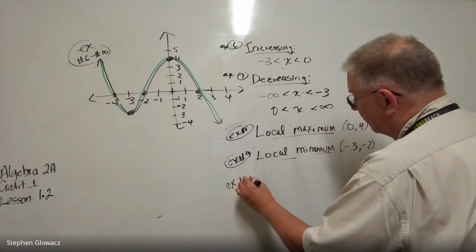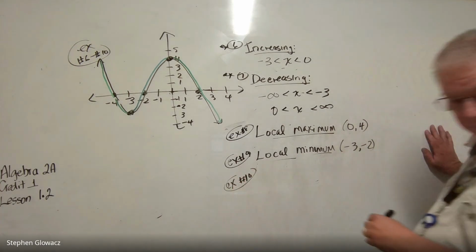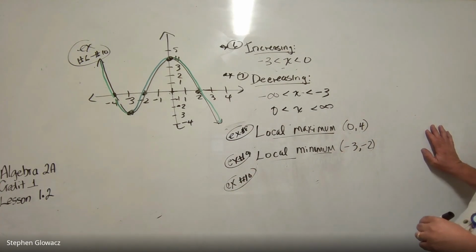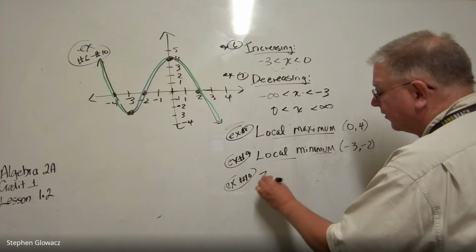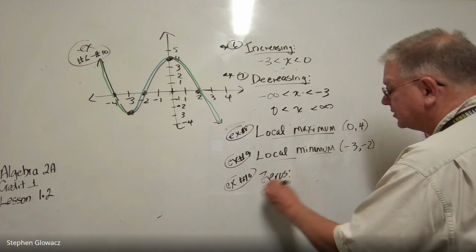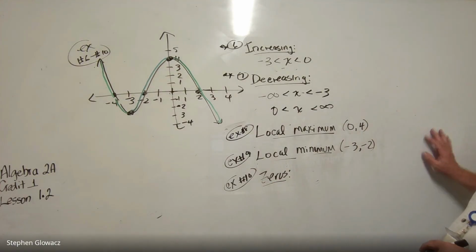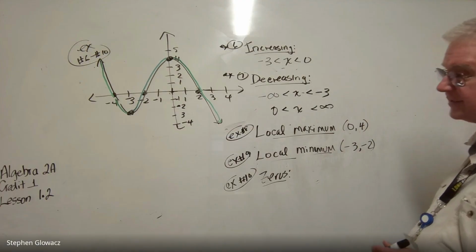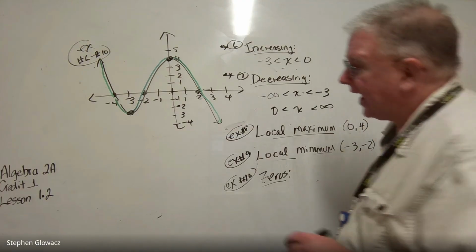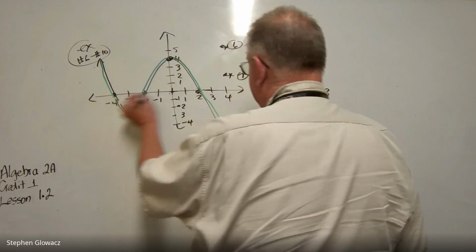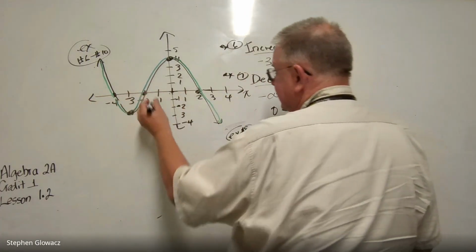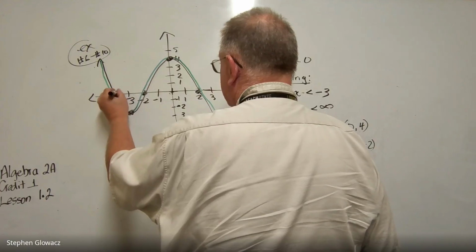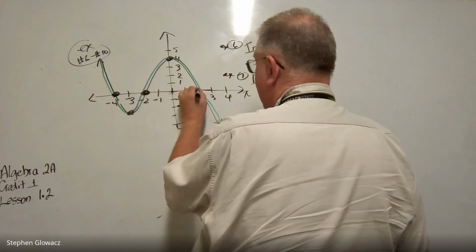Finally, our example for number 10, just double checking, making sure we're not skipping anything. Okay, excellent. So we have our zeros. So they want us to state the zeros or the x-intercepts of the function. And so that would be, again, the points where the graph crosses the x-axis, which would be here, here, and here.